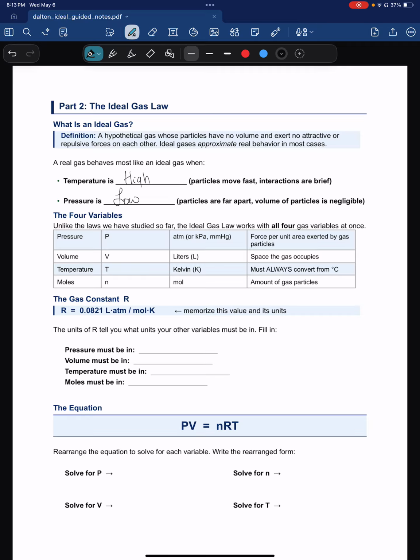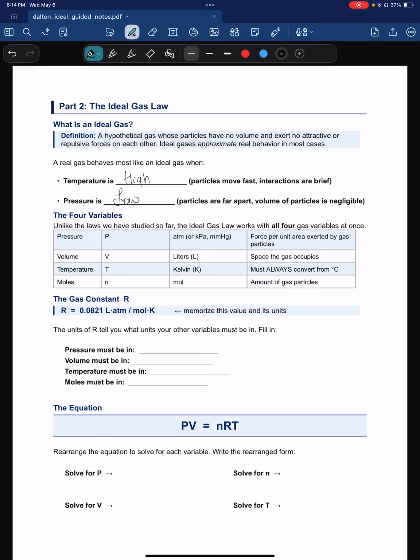All right, so let's keep on moving. Unlike the laws that we've studied so far, the ideal gas law works with all 4 gas variables at once. So Boyle's law, Avogadro's law, Gay-Lussac's law, Charles' law, and even the combined gas law, they are all missing at least 1, if not 2 variables.